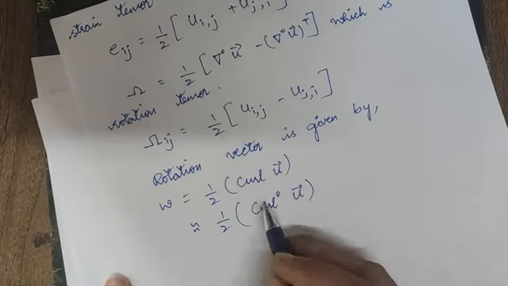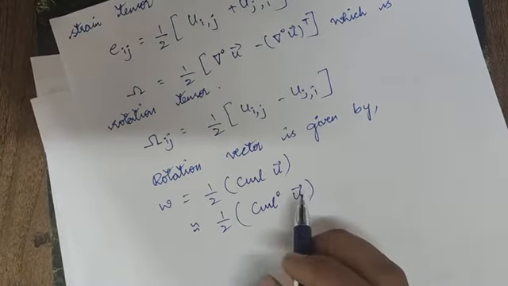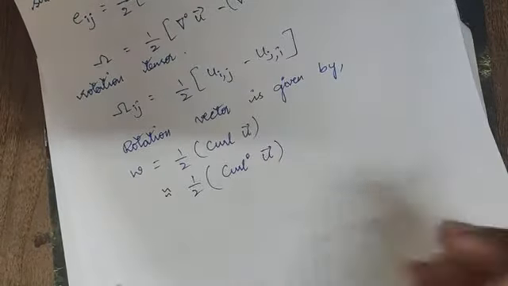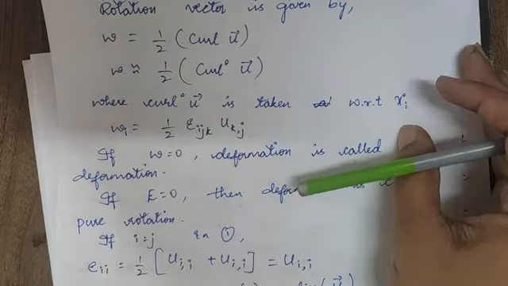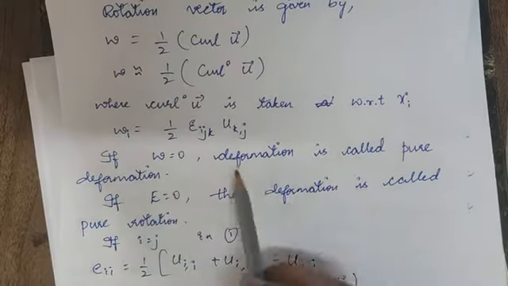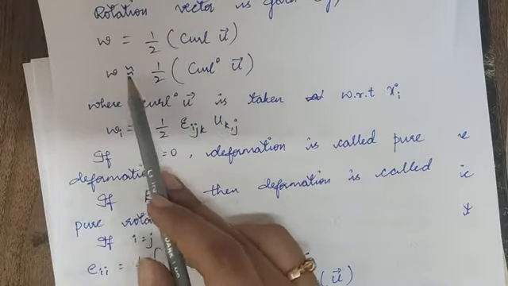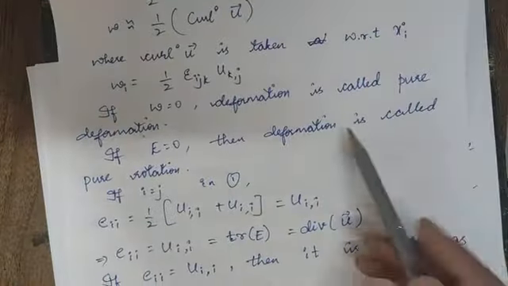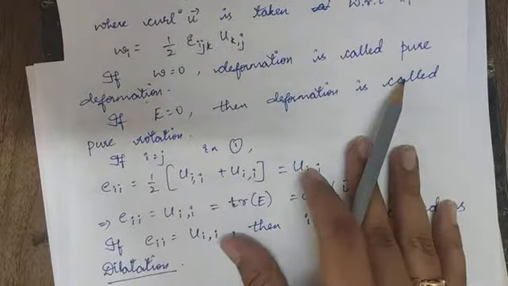This curl naught u is taken with respect to xi naught, that is in material form. So I have written omega in suffix notation. If omega is 0, we call that deformation a pure deformation, and if E is equal to 0, we call such deformation a pure rotation deformation, okay.